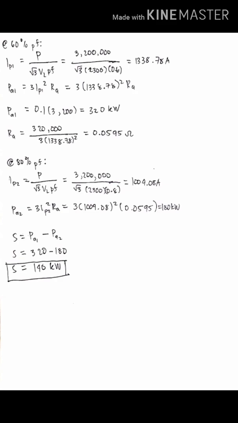Since P is 3,200 kilowatts, it becomes 3,200,000 over square root of 3 times 2,300 times 0.6, since it is given. So IP1 is equal to 1,338.78 amperes.